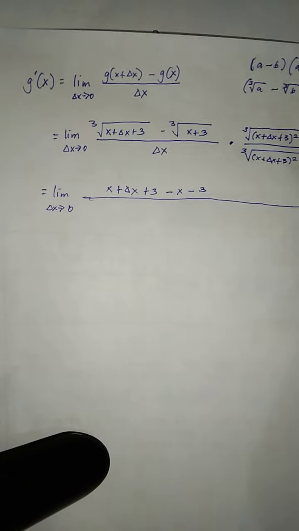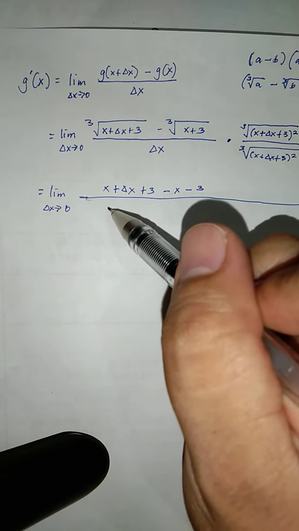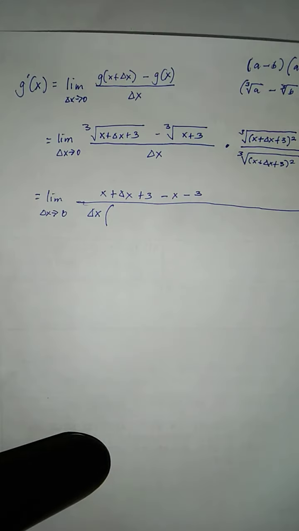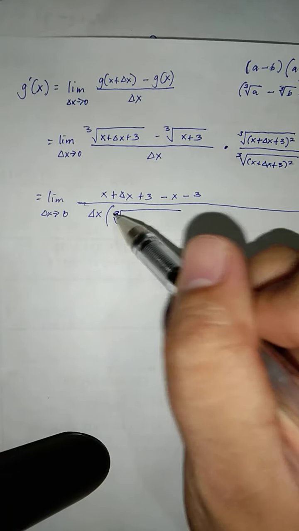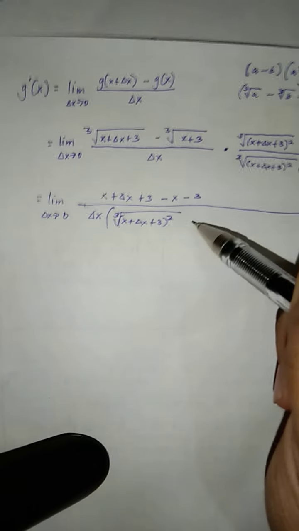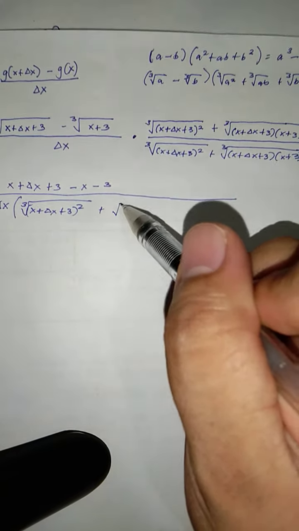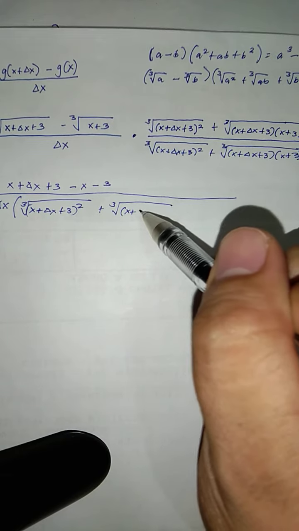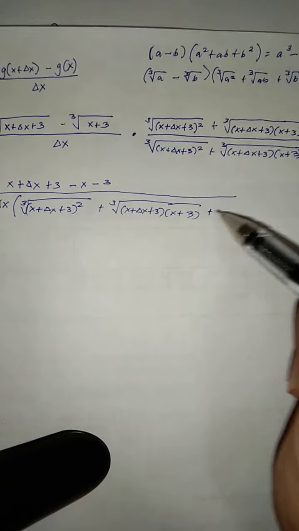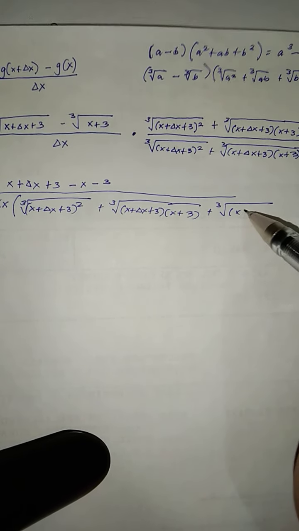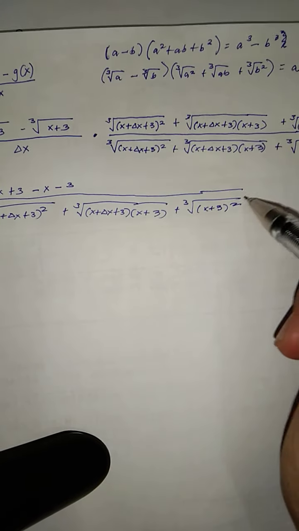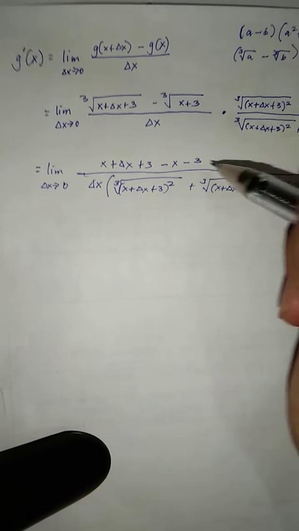To avoid any extra line, in the denominator we'll just copy delta x and this whole expression: cube root of x plus delta x plus 3 quantity squared plus cube root of x plus delta x plus 3 times x plus 3 plus cube root of x plus 3 quantity squared. Okay, so we will cancel.